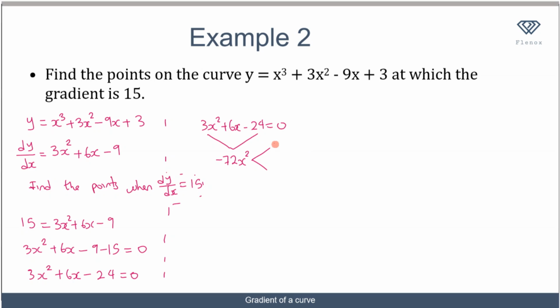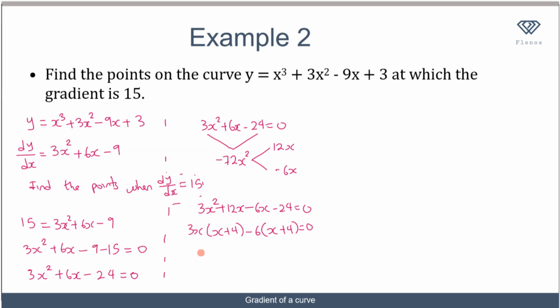Those numbers turn out to be 12x and minus 6x. So I replace 6x with these two expressions. So I now have 3x squared plus 12x minus 6x minus 24 is equal to 0. So 3x is common, and I'm left with x plus 4, and here minus 6 is common, and I'm left with x plus 4.